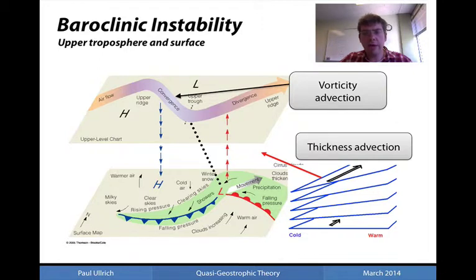So at the upper level, we have vorticity advection in both the convergent and divergent regimes, and we'll delve into this in more detail later as we explore the omega equation, which governs vertical velocity of the flow.